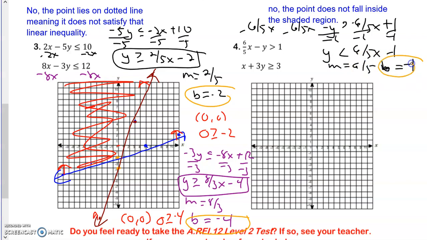I'm going to start at negative 1 and I am going to go up 6 and to my right 5. So 1, 2, 3, 4, 5, 6 and to my right 5. And then I'm going to do it again. And then I'm going to do it on the left side.